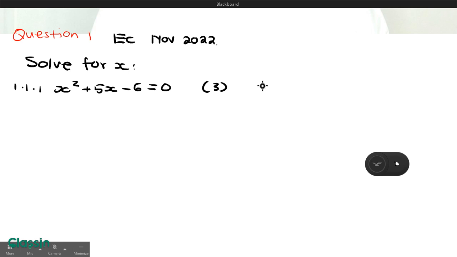I always tell my learners that if you're on question 1 and you have a question of this nature and it becomes a problem to you, use the quadratic formula.